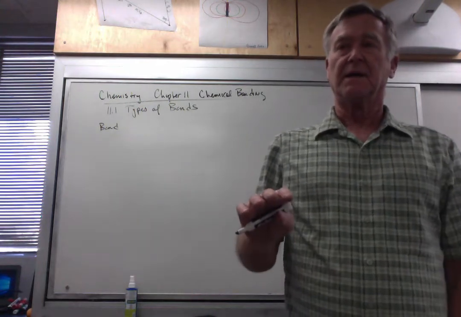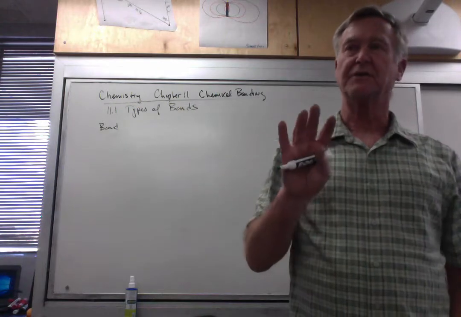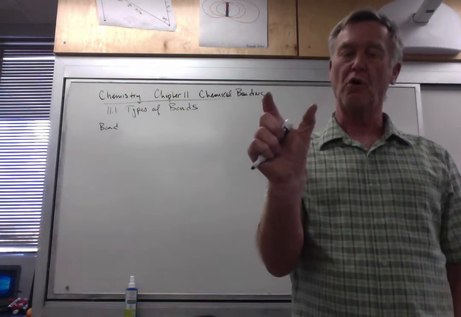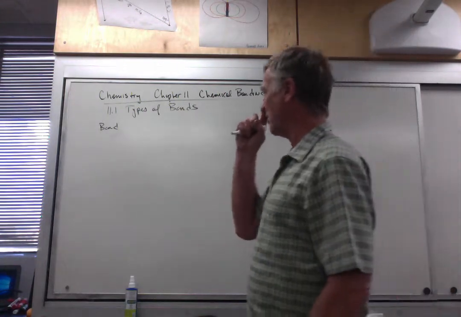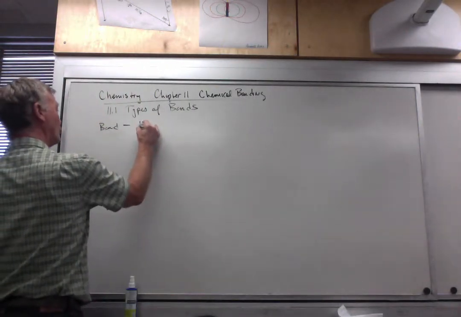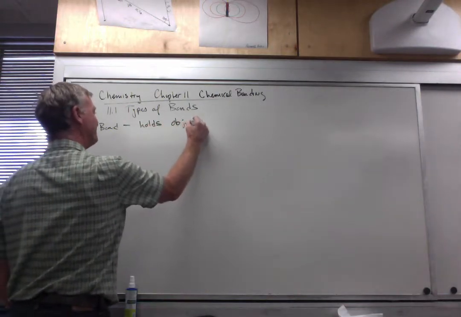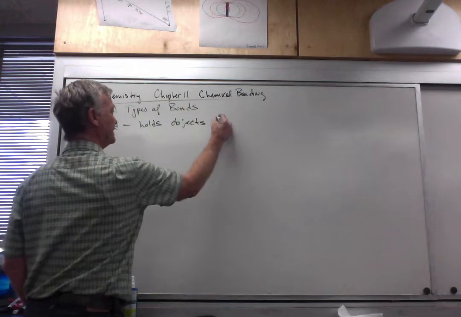Atoms have to be able to join with other atoms, and what holds the atoms together are called chemical bonds. So a bond is something that holds objects together. Could be a person.